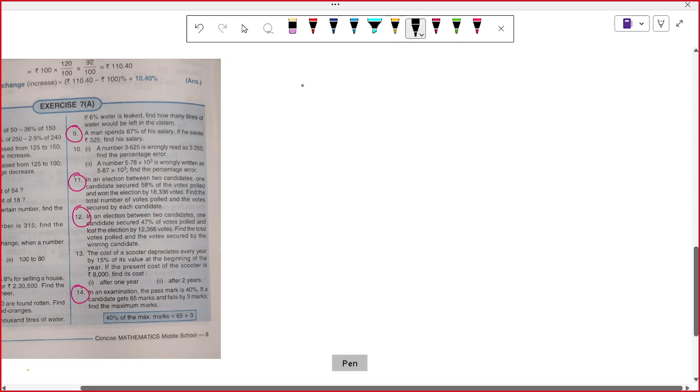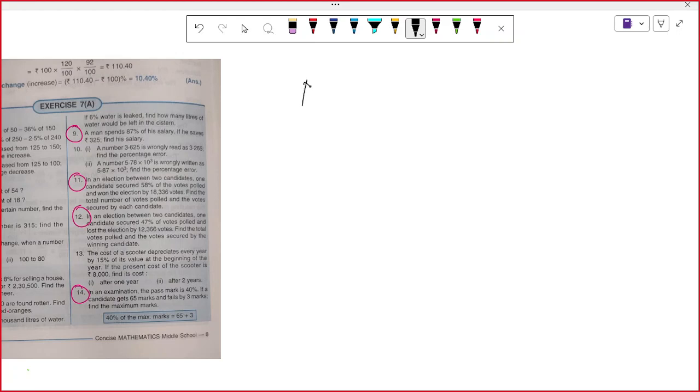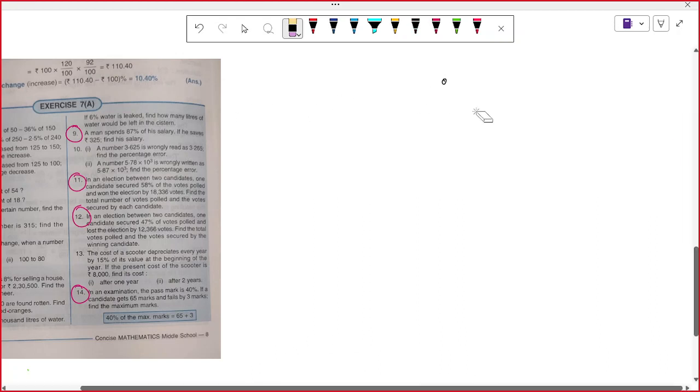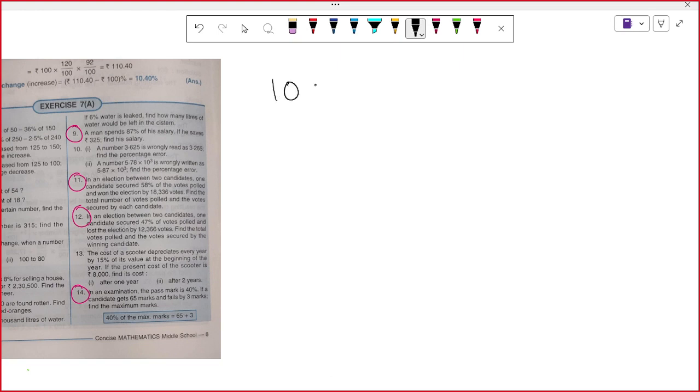Before starting this, I explained about percentage, right? When you have numerator by denominator, you multiply into 100% to find the percentage. There's one formula. You find percentage like this: numerator divided by denominator into 100%. Now, the other concept is 100 rupees given.